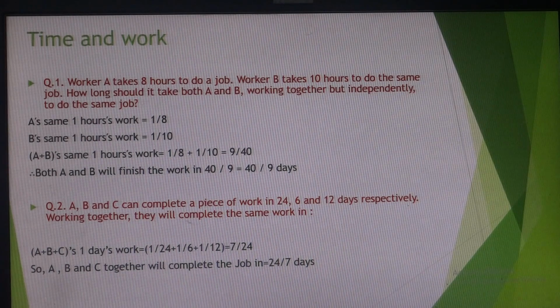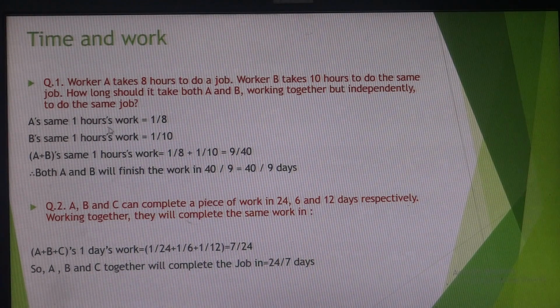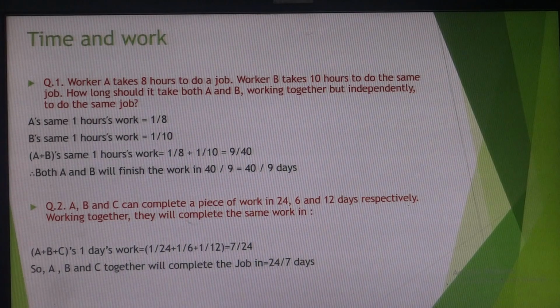Whenever you get questions like this, to get A's or B's work, you just have to divide the given time taken.